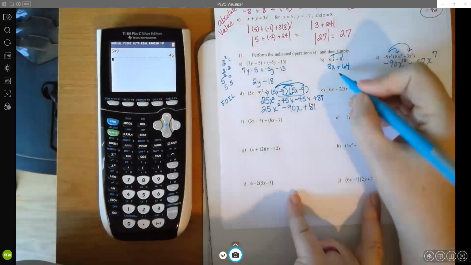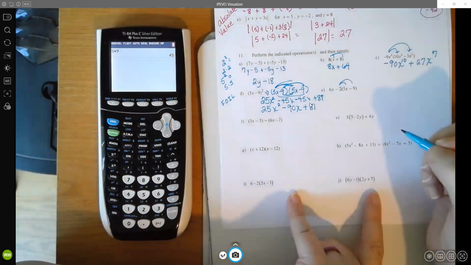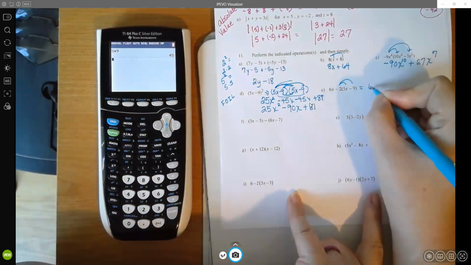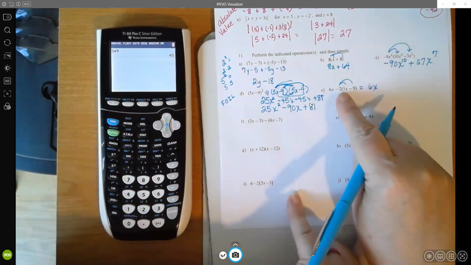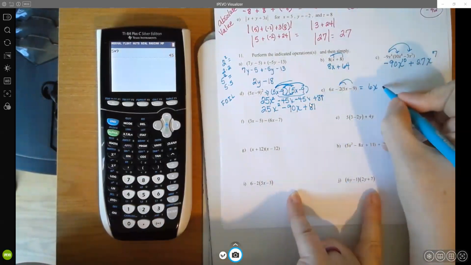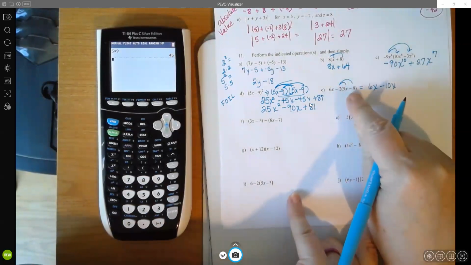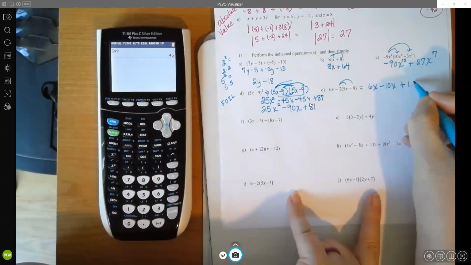In this next problem, this 2 is distributed to both terms. But notice we're going to distribute the -2. So this is going to give us the 6x, and it will sit out front. And then a -2 times a -5x gives us a negative 10x, and then a negative 2 times a negative 9 gives us a positive 18.